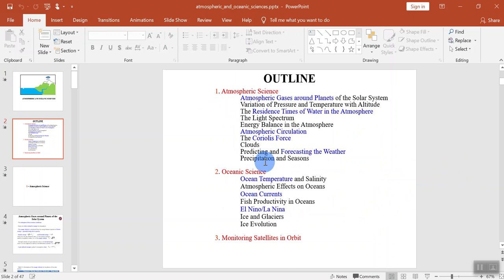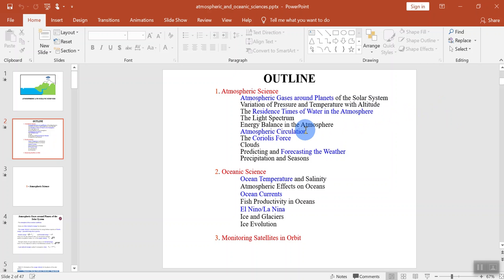Outline, three main points. Atmospheric science: we'll talk about various gases around the various planets, and then we'll focus on Earth, planet Earth. Residence time of water in the atmosphere, and then in the ocean.